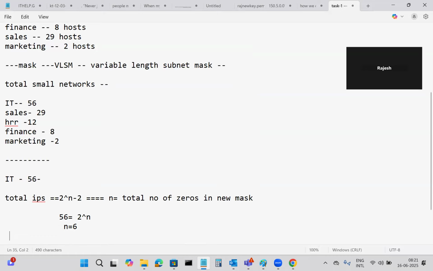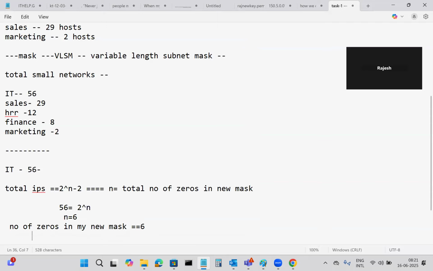So it means the number of 0s in my new mask will be 6, right? If the number of 0s is 6, then how many ones do we have? 32 minus 6, because the mask of an IP address is a 32-bit number.